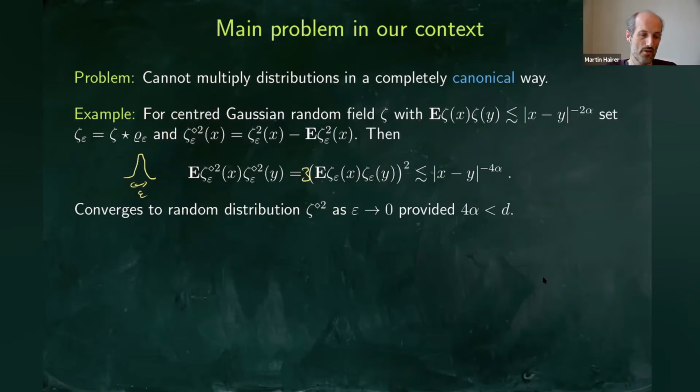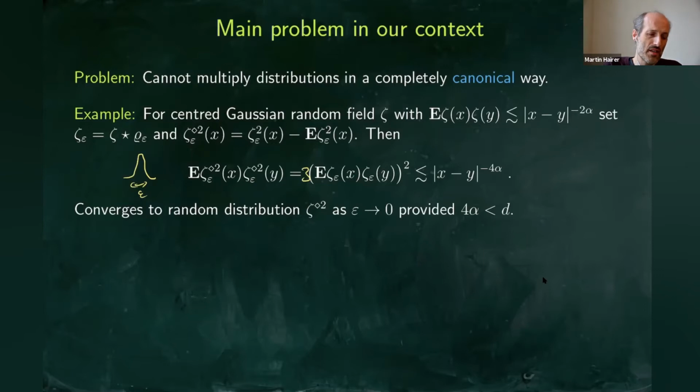So this guy doesn't have a limit as epsilon goes to 0, but this guy does. Because the expectation of zeta epsilon squared is typically going to blow up like epsilon to the minus 2 alpha. So this guy would blow up, but if you subtract that diverging mean, what you get converges to a perfectly nice random distribution.